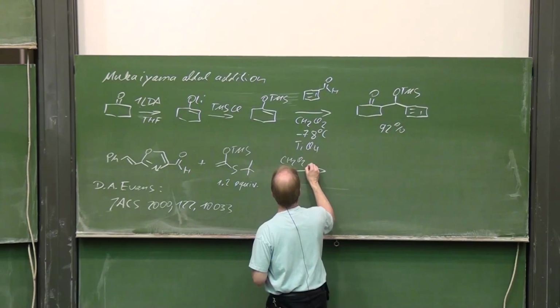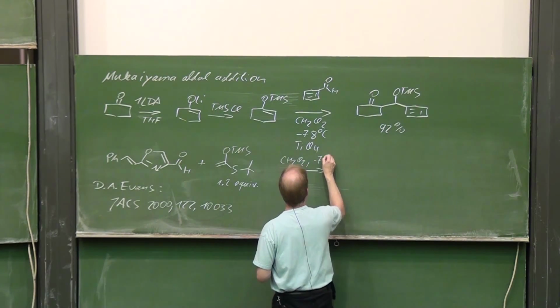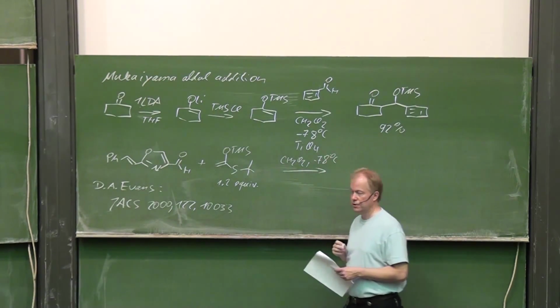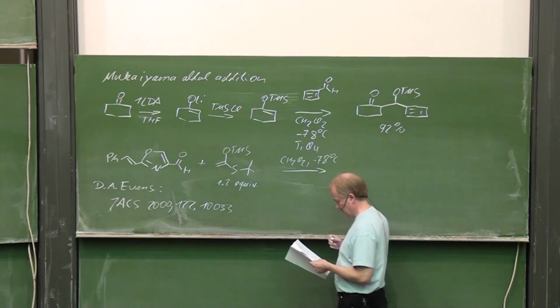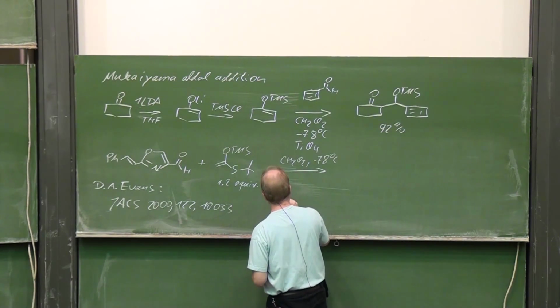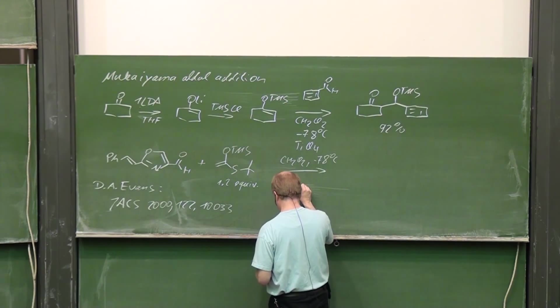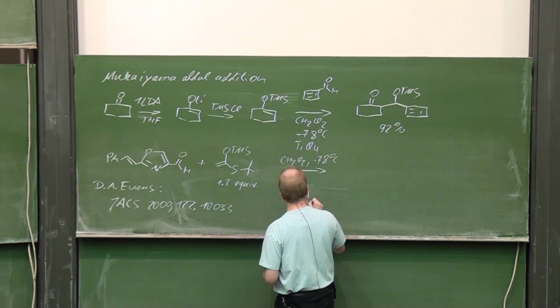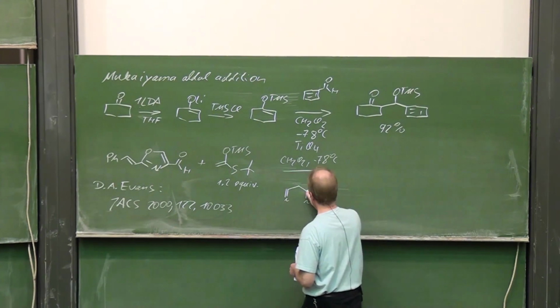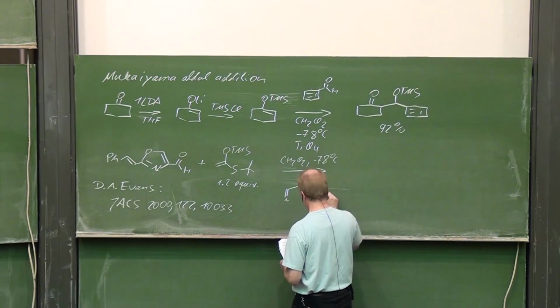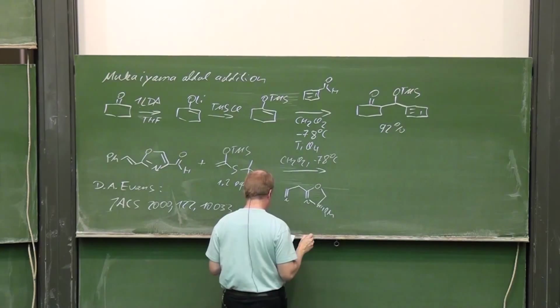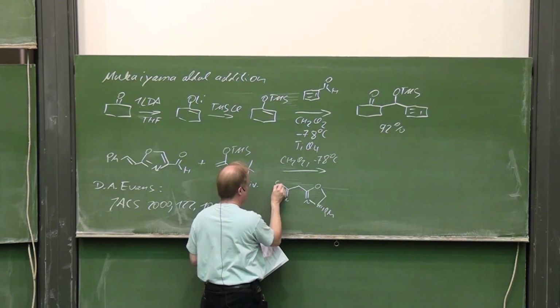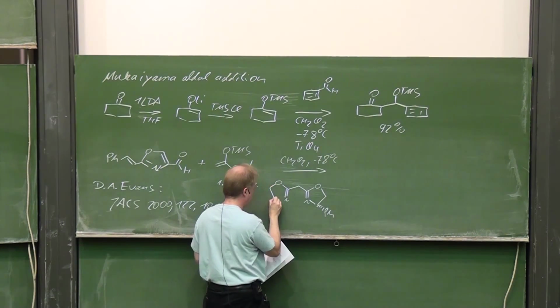Once again, dichloromethane minus 78 degrees. And now a more sophisticated catalyst based on tin triflate with a chiral bidentate ligand.